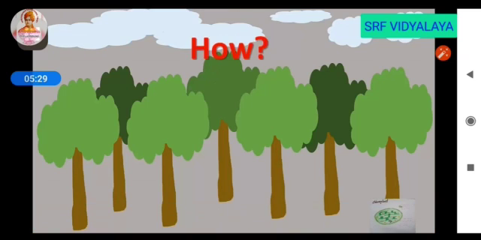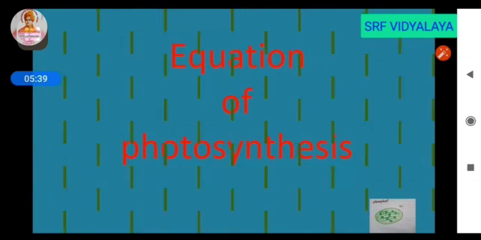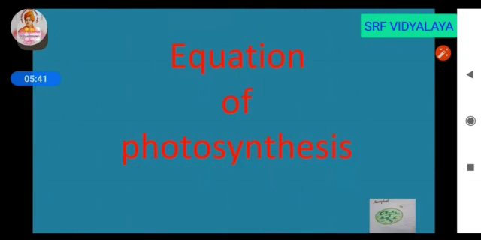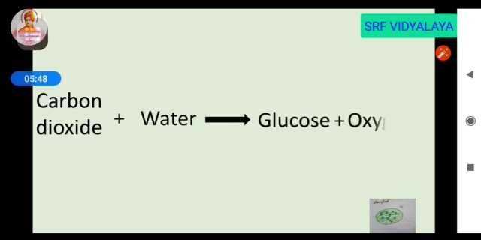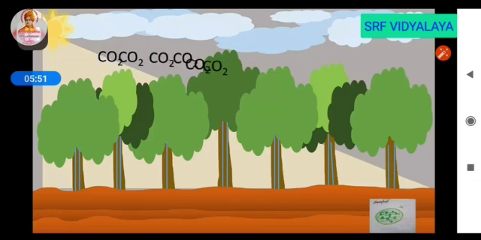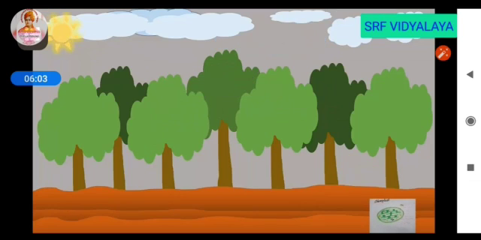Now, let us know about how photosynthesis is taking place in plants. Let me study this photosynthesis by this equation. Carbon dioxide plus water gives glucose plus oxygen. During photosynthesis, 6 molecules of carbon dioxide combine with 6 molecules of water in the presence of light and chlorophyll pigment.